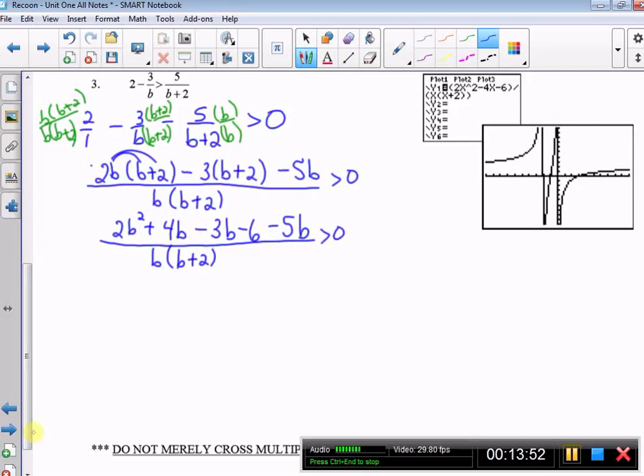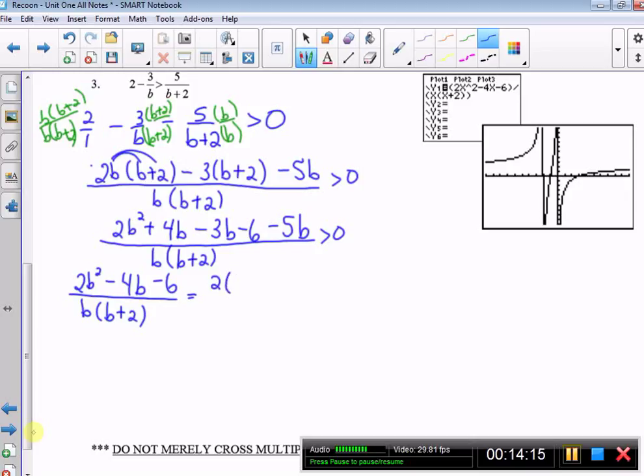So that's 2b squared. 4b minus 3b is 1b, minus 5 is minus 4b, minus 6. And that's all over b times b plus 2. And that can be factored.